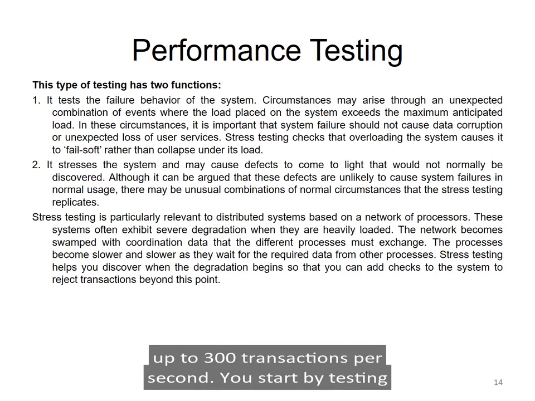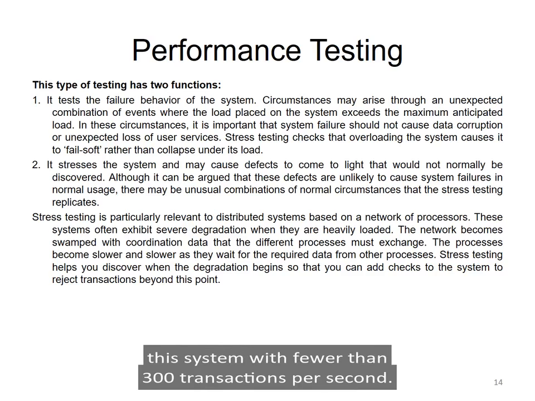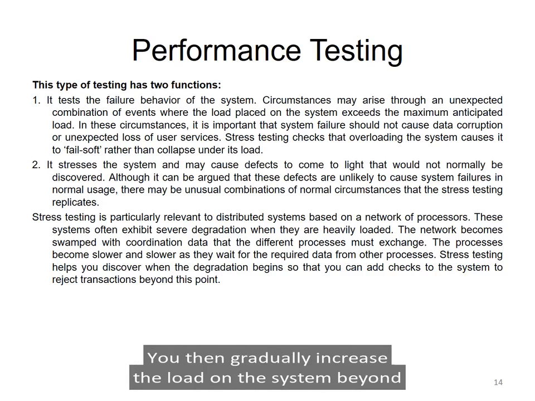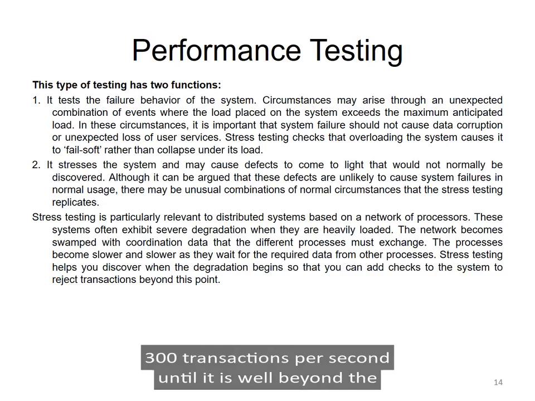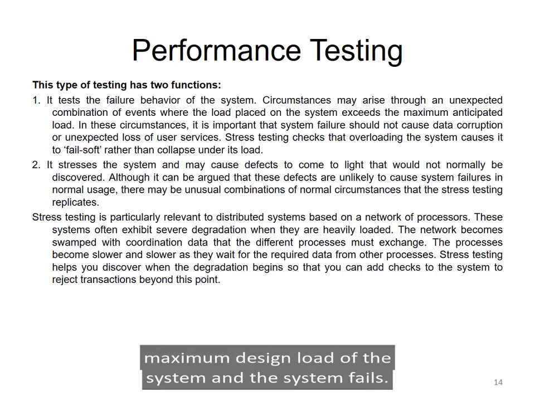You start by testing this system with fewer than 300 transactions per second. You then gradually increase the load on the system beyond 300 transactions per second until it is well beyond the maximum design load of the system and the system fails.